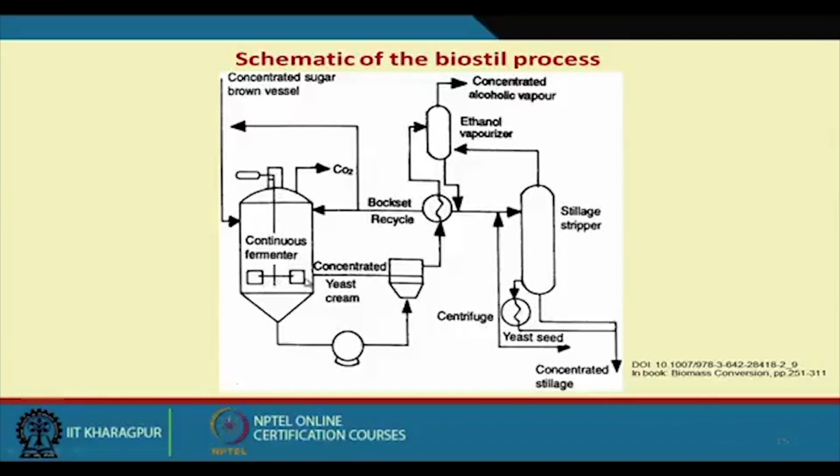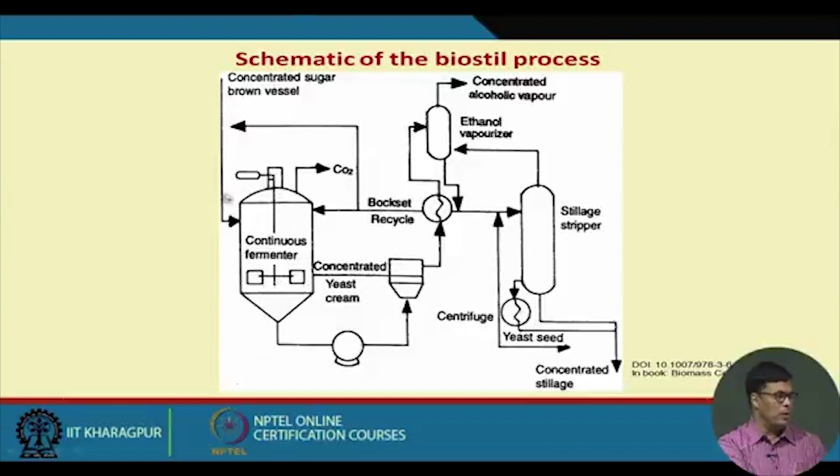You can see this is the starter and this is the sugar you are putting inside the system, and continuously it produces carbon dioxide, and then it passes through the centrifuge, and the concentrated cells you recycle back, some cells you take out here, and then we pass it through the distillation process.